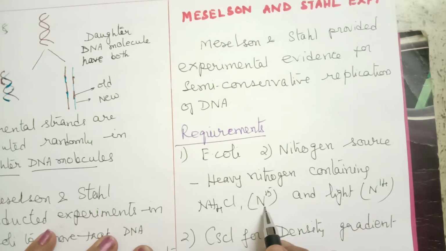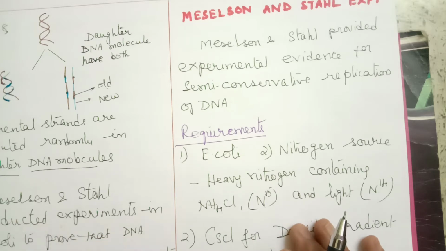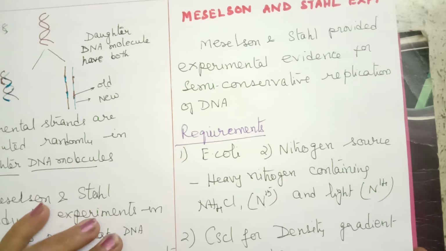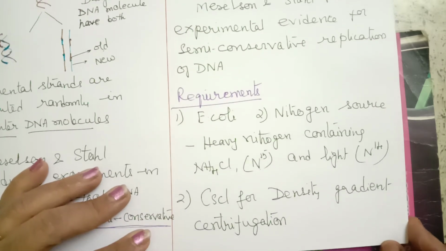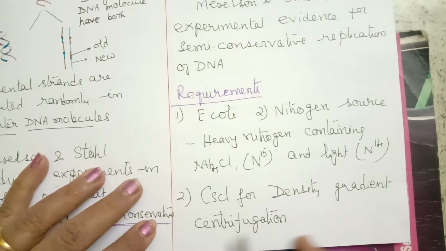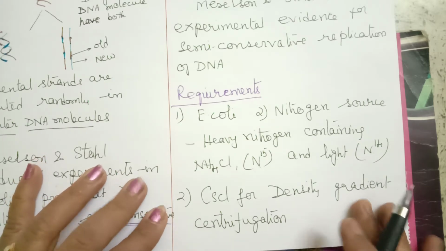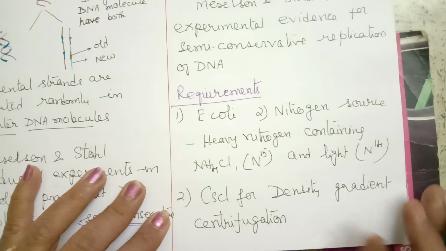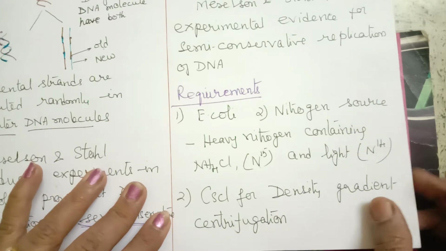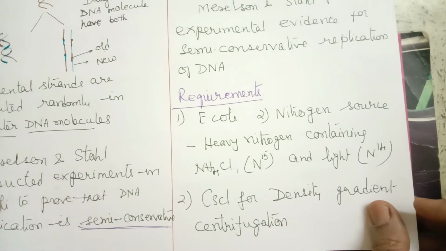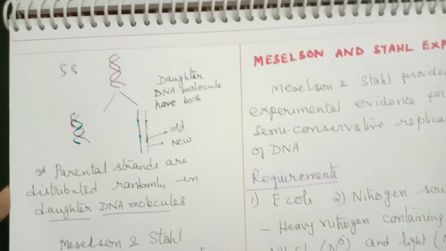N14 is normal, and N15 is the heavy molecule, which has more density. And cesium chloride is used for density gradient centrifugation. This is the technique followed. The density gradient centrifugation technique is followed in order to understand the semi-conservative method of replication.